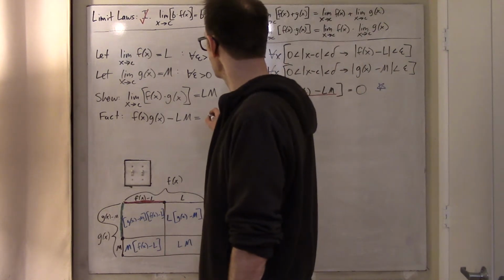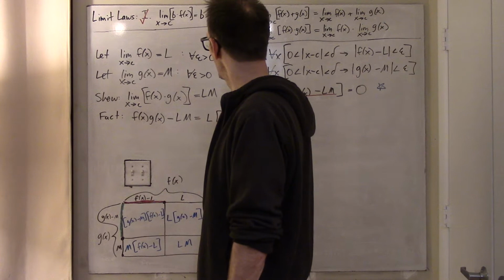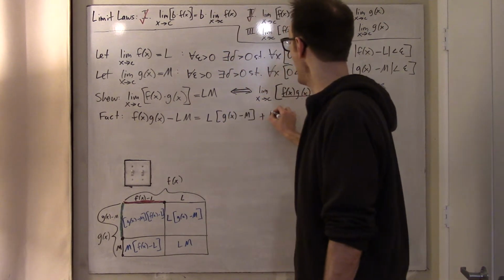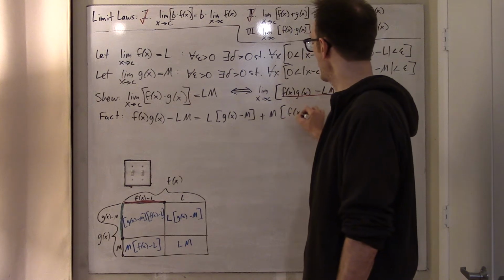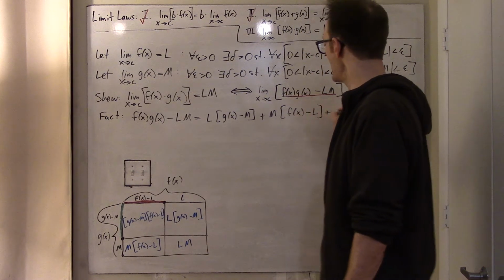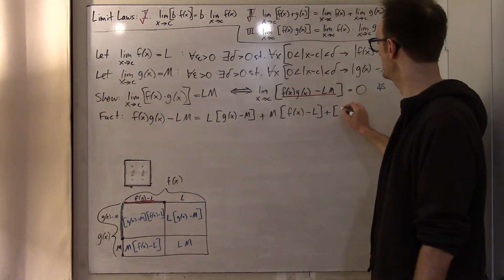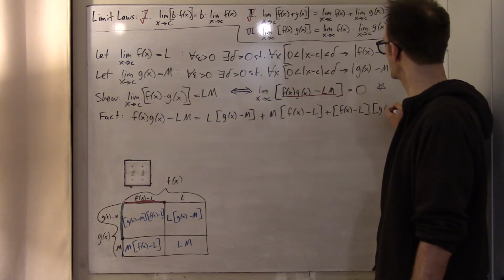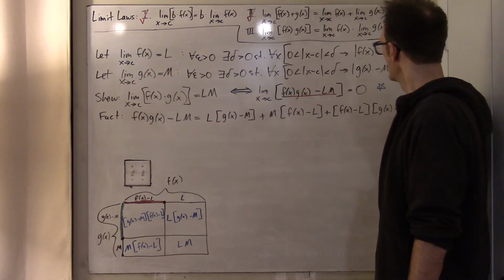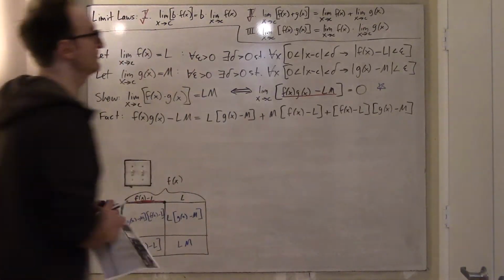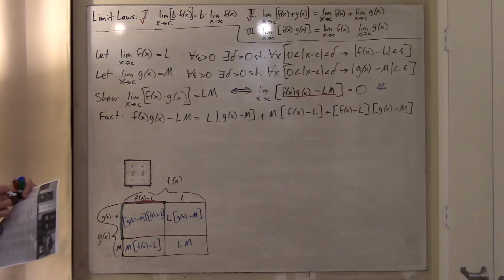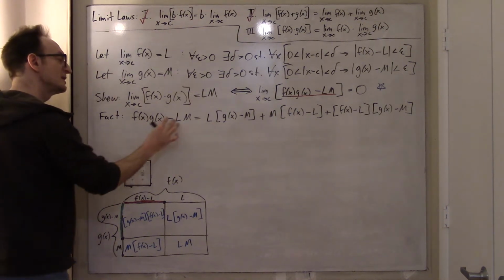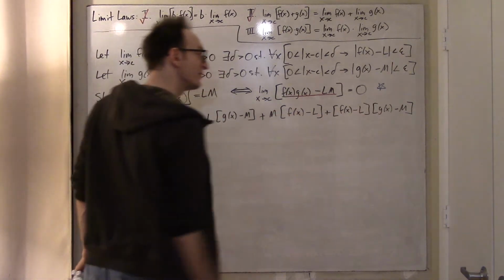So this just is L times g of x minus m plus m times f of x minus L plus f of x minus L times g of x minus m. So what have I just done here? I've just used my picture to express the difference between fg and Lm as a sum of three things.